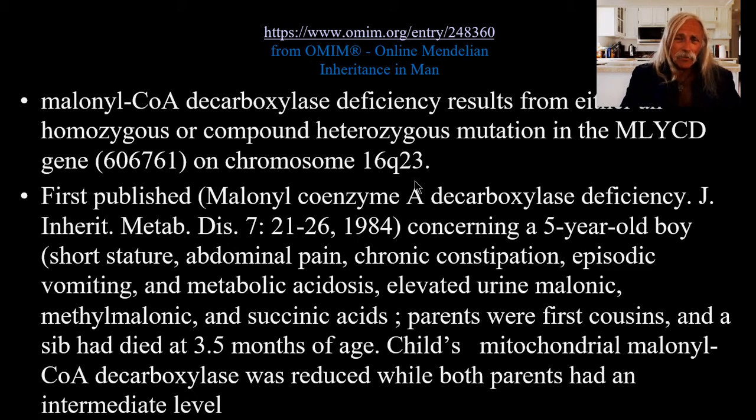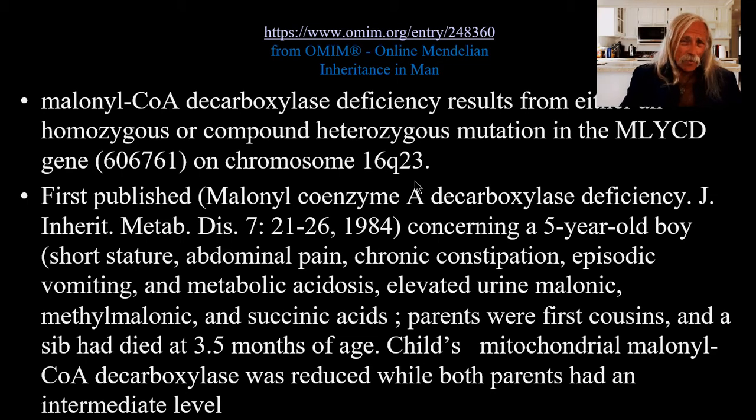This deficiency was first described in a paper published not that long ago, 1984, that concerned a 5-year-old boy who presented with short stature, abdominal pain, chronic constipation, episodic vomiting, very sick child, metabolic acidosis, elevated urine malonic, methylmalonic, and succinic acids.